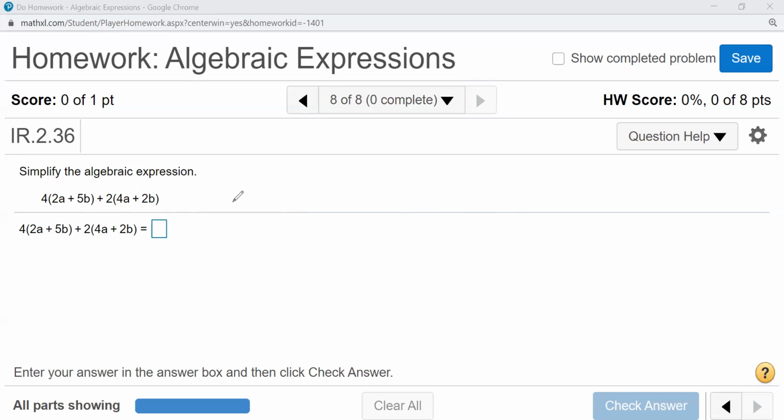We need to rid ourselves of parentheses. So we need to distribute this. We need to take this 4 and distribute it, and that'll help us drop parentheses. We distribute this 2. And then maybe everything will be on the same playing field, and we can talk about combining like terms. So this 4 will distribute. What will this become?